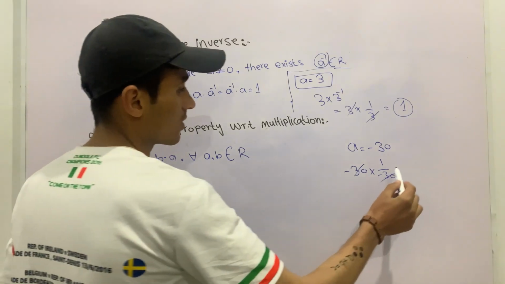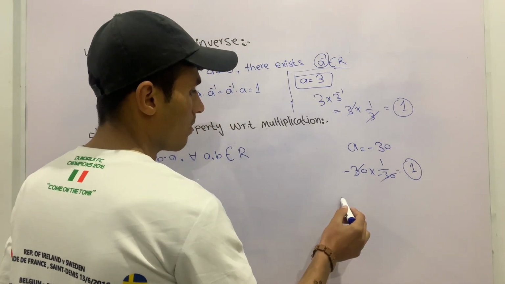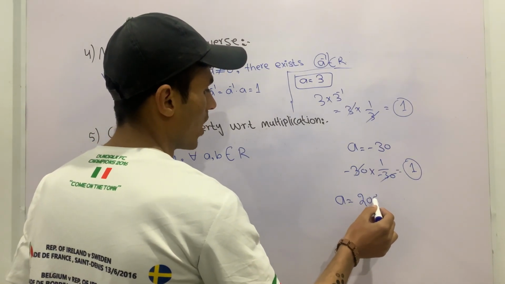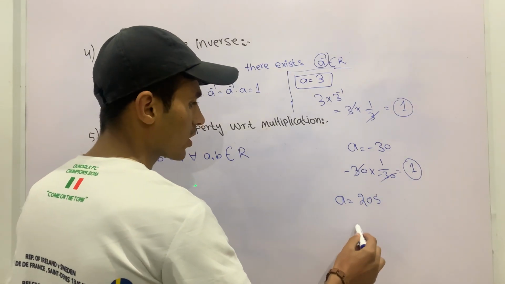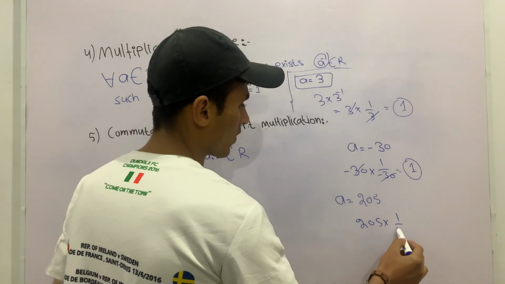Cancelled with that, the answer is 1. Next example, 205. Its multiplicative inverse is 1 over 205.